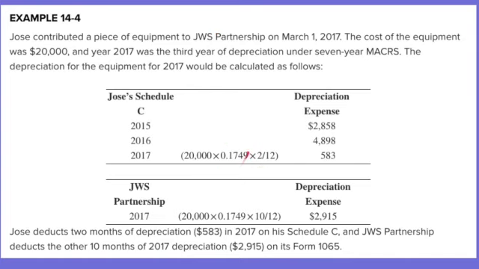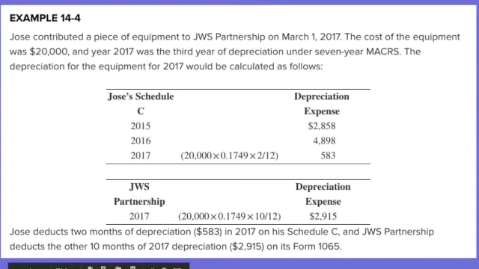So he takes his regular percentage from the table based on this information, based on the third year for 7-year MACRS property. He grabs his percentage times the basis times the amount of time. Then on the other side, we have the partnership taking it over here.